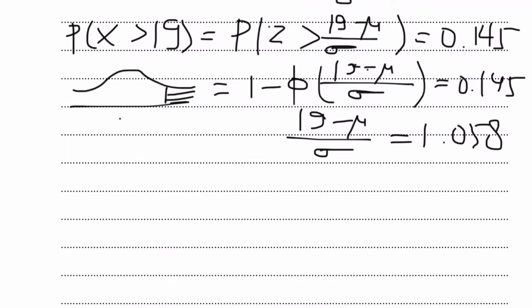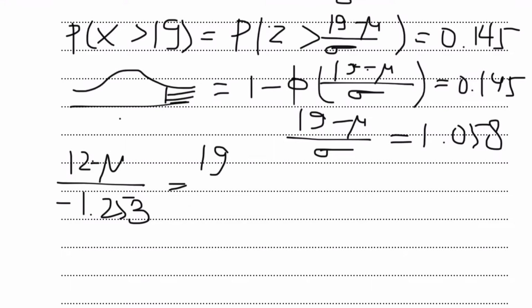Now for the equation, I will equate the sigmas. So I will use the substitution method. 12 minus mu divided by -1.253 is equal to 19 minus mu divided by 1.058.